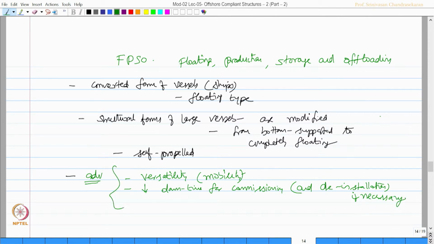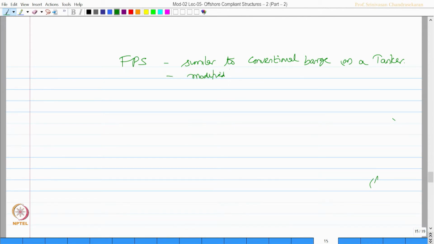So, that is a major advantage you have with FPSOs. Essentially FPSOs or FPS are similar to a conventional barge or a tanker. They are of course modified to house various drilling and production equipments.